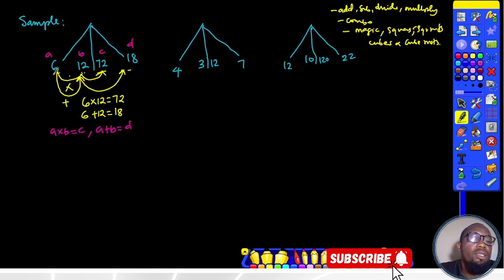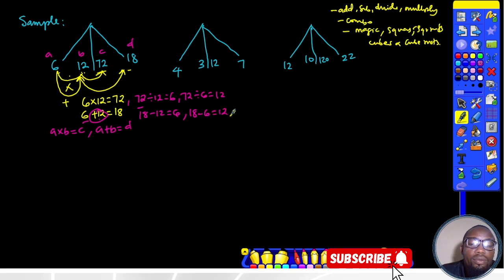If you have 6 missing, if 6 times 12 gives us 72, by reverse engineering, 72 divided by 12 should give us 6. And if 12 is missing, 72 divided by 6 should give us 12. And here, if 6 is missing here, we can do 18 minus 12 by reverse engineering of this, we get 6. And if 12 is missing here, we also do 18 minus 6 and we get a 12.